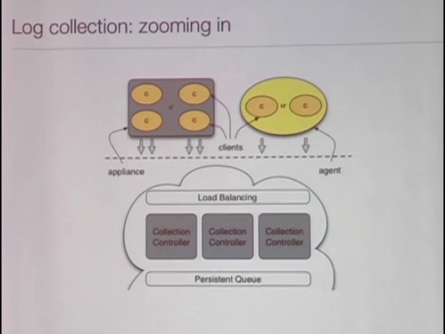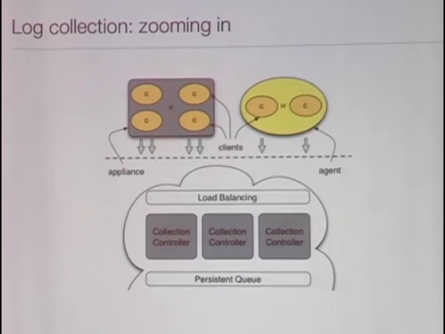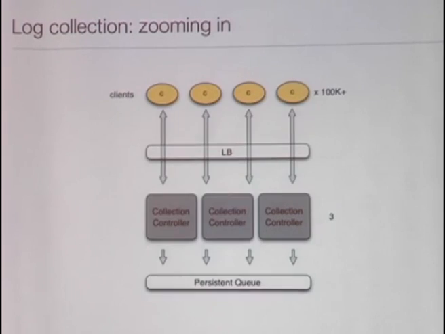Those are actual nodes, and load balancing and the persistent queue are functions. The final goal is to offload all the collected logs to the persistent queue. This is what our system essentially does. Now, knowing that all those clients are small programs that talk to the backend independently, we can simplify this diagram.